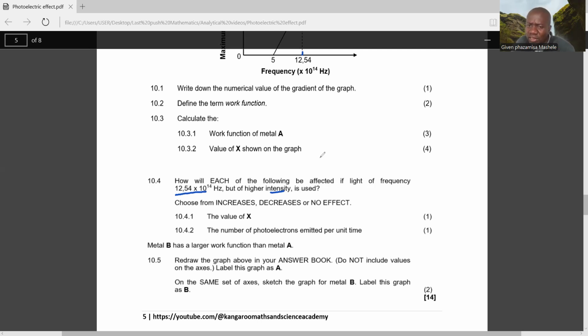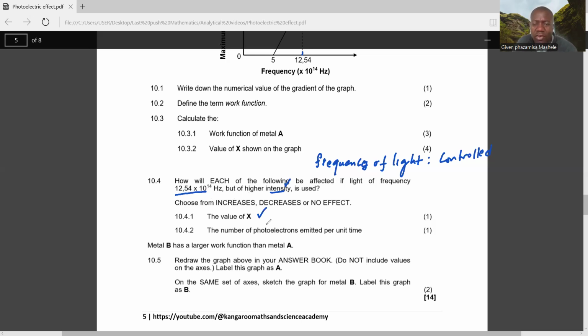The frequency is still the same. They've used the same frequency of light because initially they used 12.54. Now they just increase the intensity. Then choose increase, decrease, or no effect.